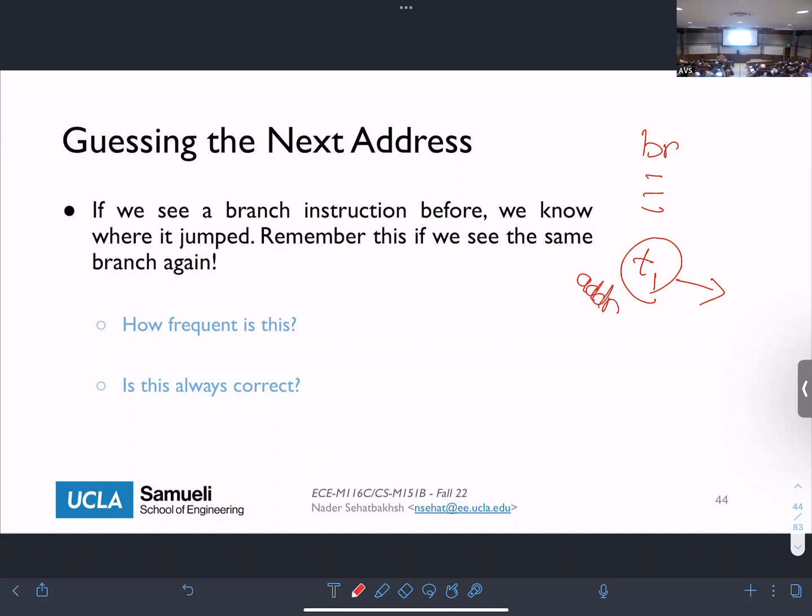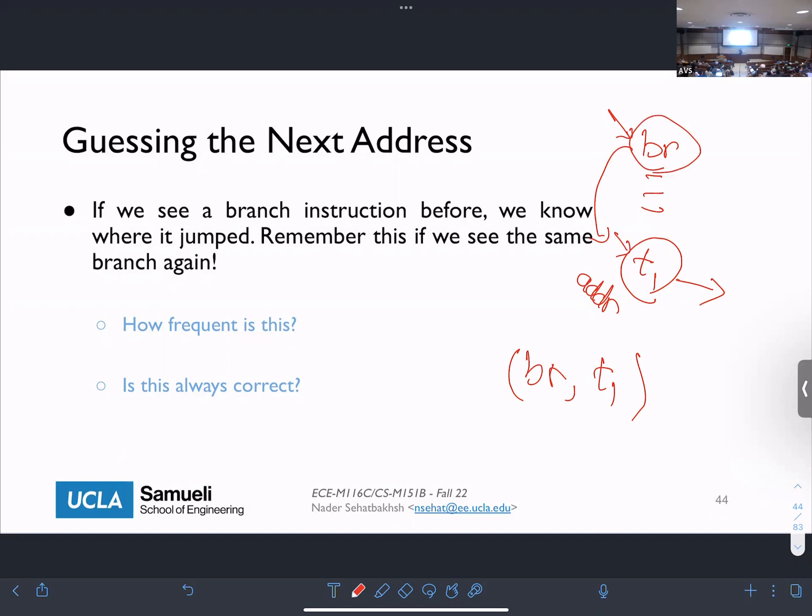What we are proposing is that the next time, not this time, the next time that we see the same branch, we know for sure that this branch, if it's taken, is going to jump to T1. So we're going to remember this branch and T1. And I'm going to say that next time I see you, I know that you're going to jump to T1. So I know my address, right?